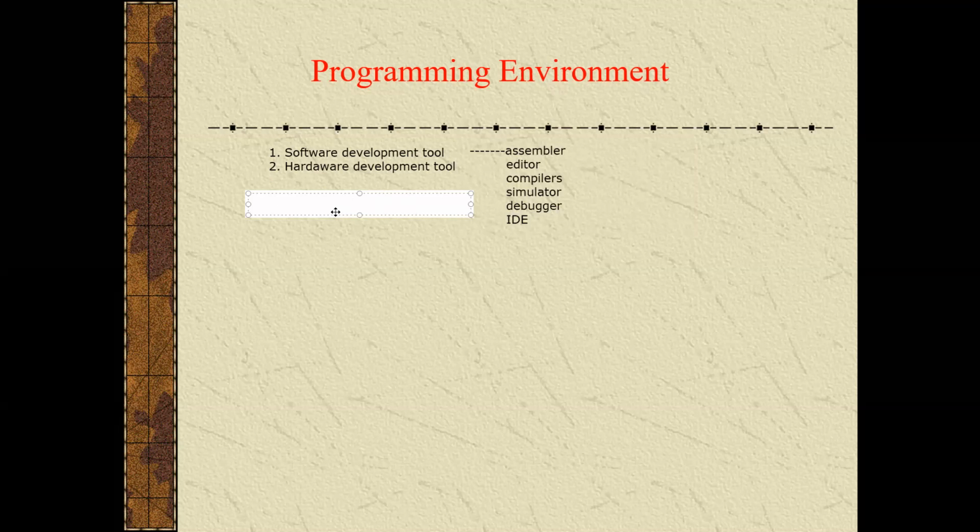So the hardware development tool consists of emulator, second one is demo boards, and logic analyzer, Digital storage oscilloscope, short form DSO, and logic probes.